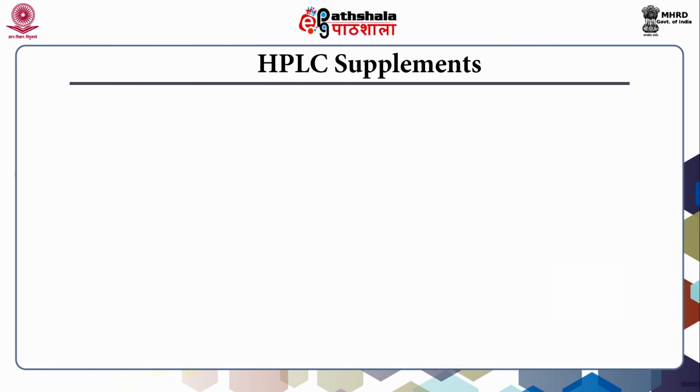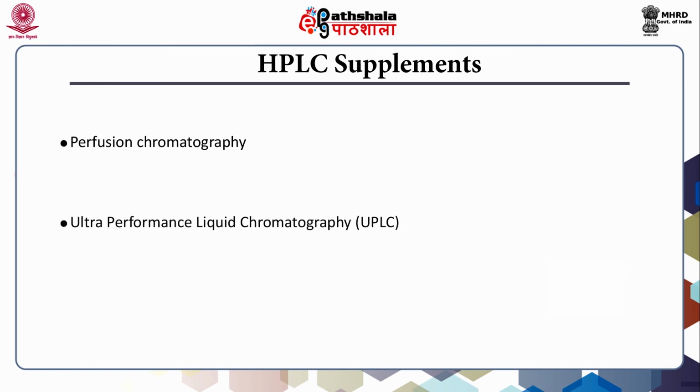As we just discussed while talking about the limitations, these are the three HPLC supplements: perfusion chromatography, ultra performance liquid chromatography, that is UPLC, and fast protein liquid chromatography, that is FPLC. Let us talk about these chromatographies one by one.